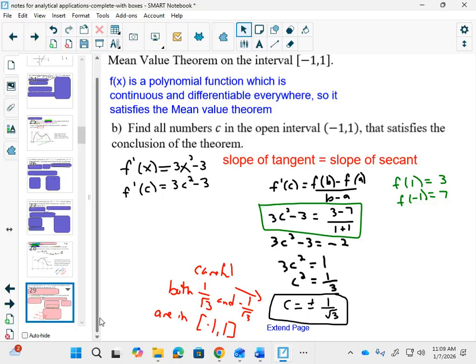Can you see that sometimes you might solve and get an answer outside of the interval you're looking for? Then it's not one of your answers. We're just looking for answers in the interval. We're trying to find all the values of C within that interval that work. In this case, they both did.